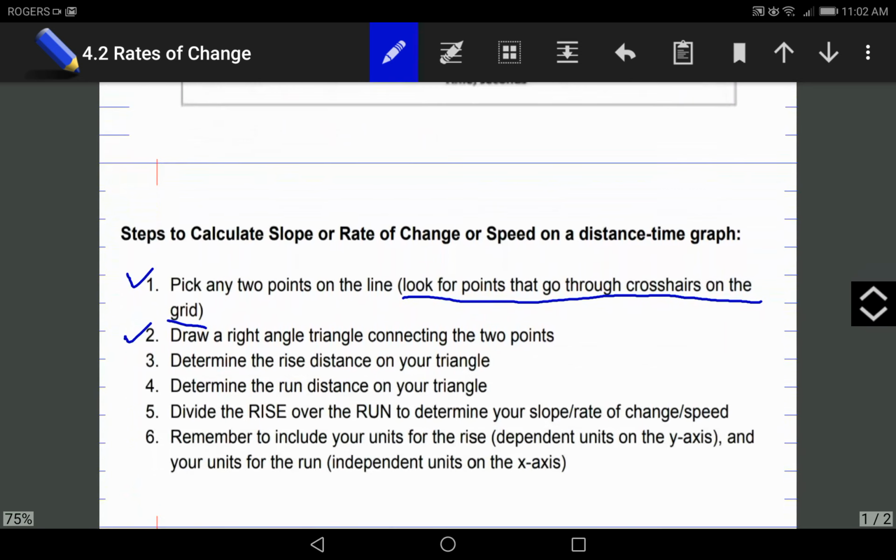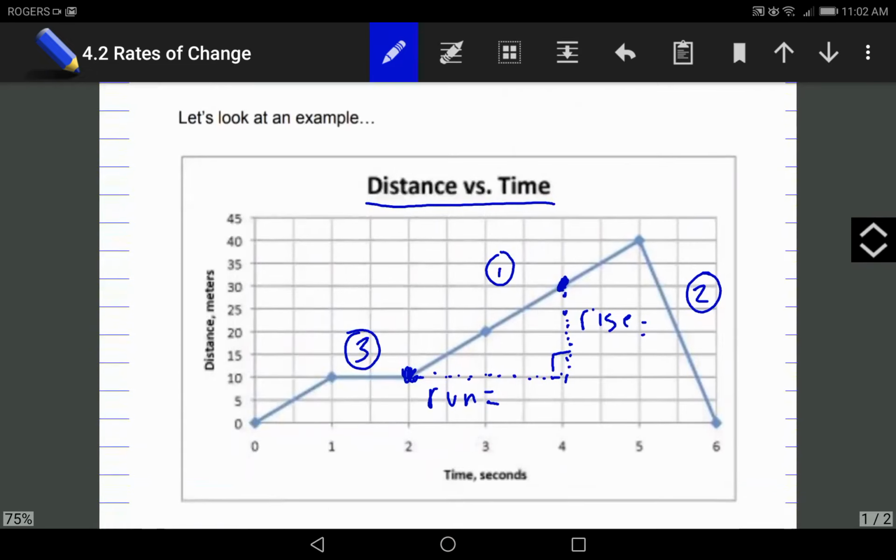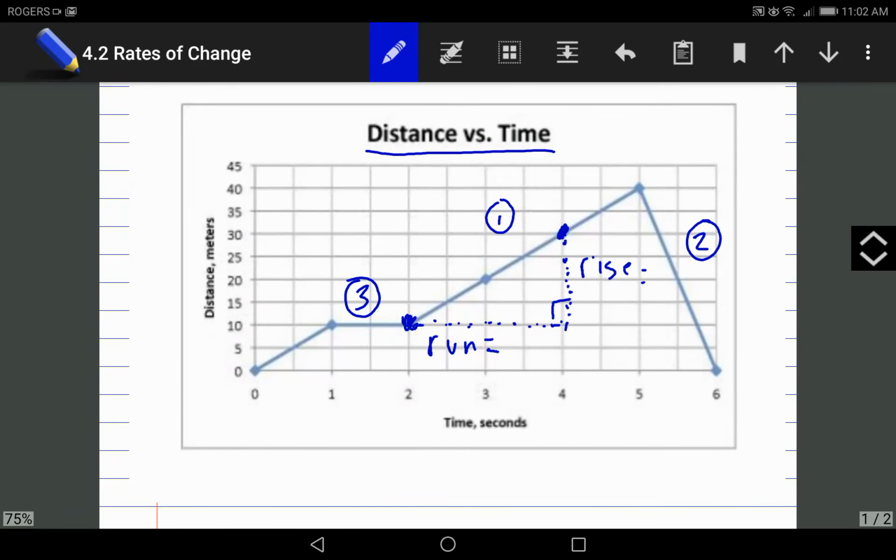Determine the rise distance on your triangle. Let's do that right now. The rise distance. So how much of a rise is it from this point here to this point here? We need to calculate. So let's see, if I look at my scale, take a look at your scale on the y-axis. It's going by 5s. So for every grid mark that I go up, it's worth 5.